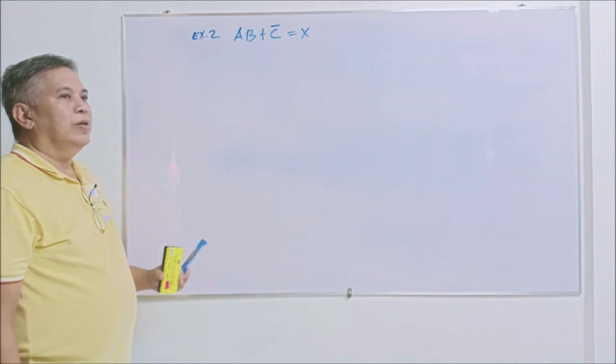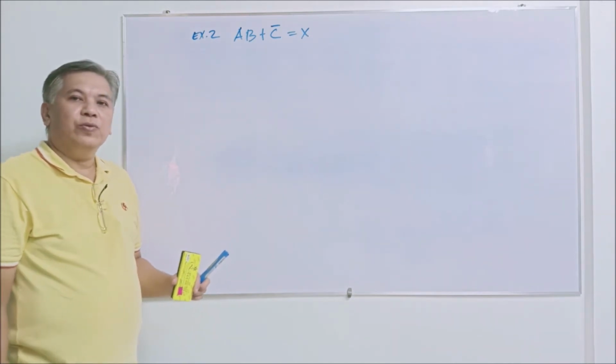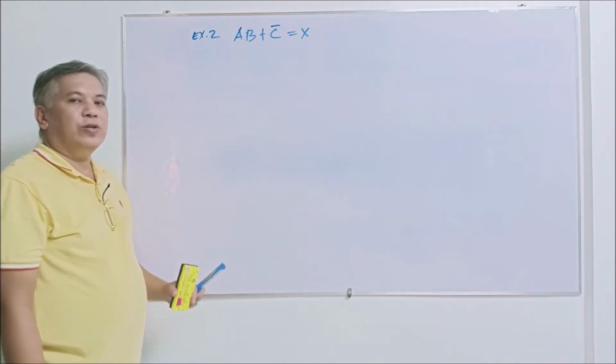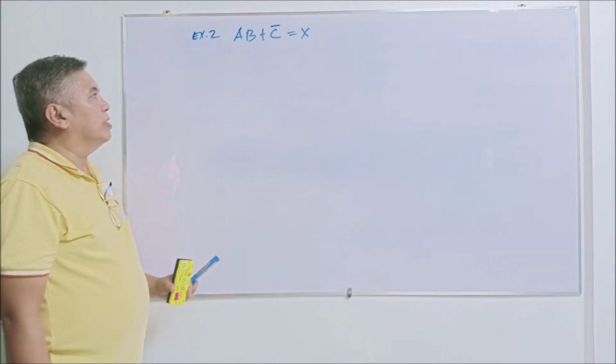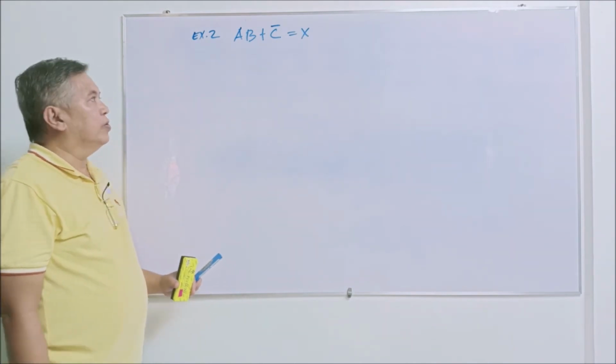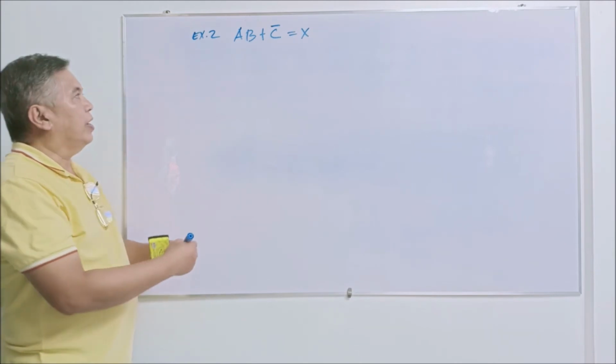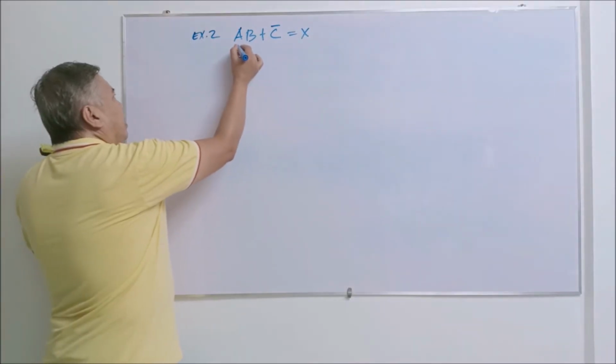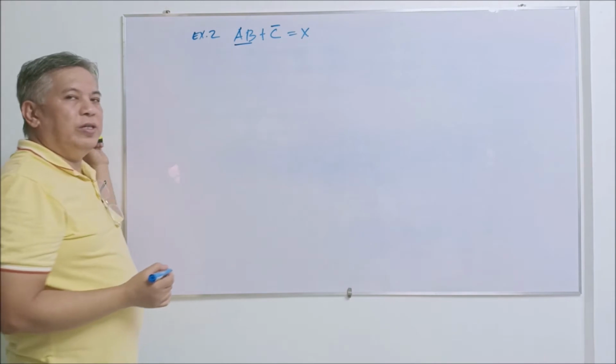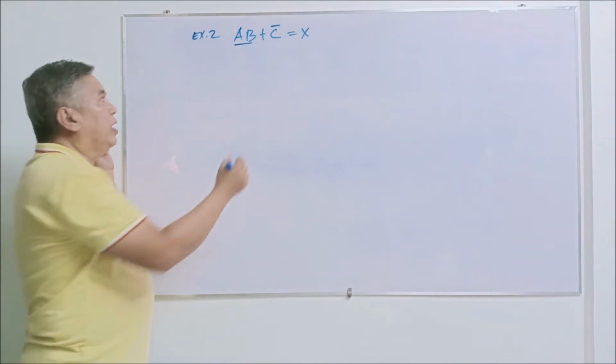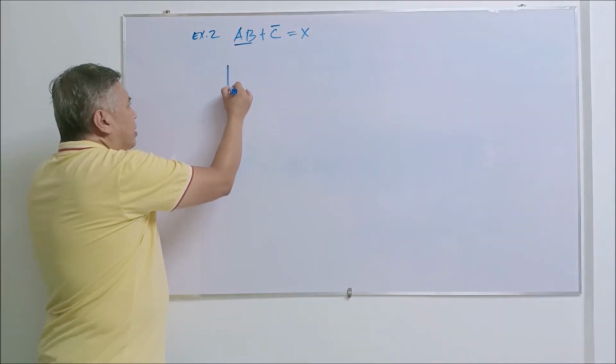Okay, so we go now to example number 2. We have here a new equation: AB plus C complement is equal to X. Again, AB here, if we represent this with our logical circuit, AB is represented by the AND gate.